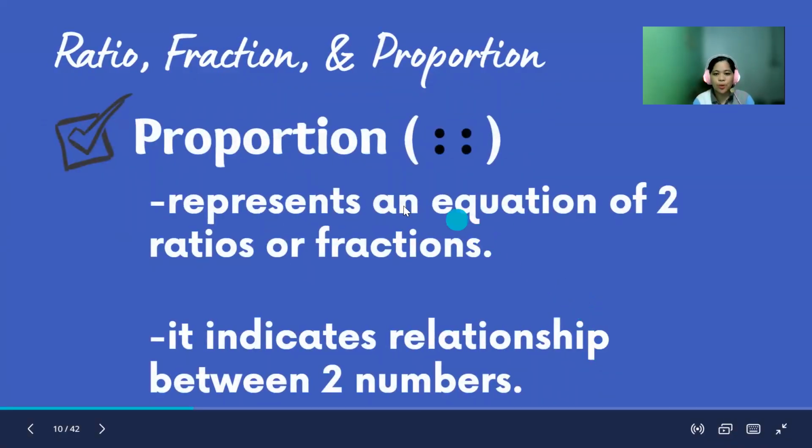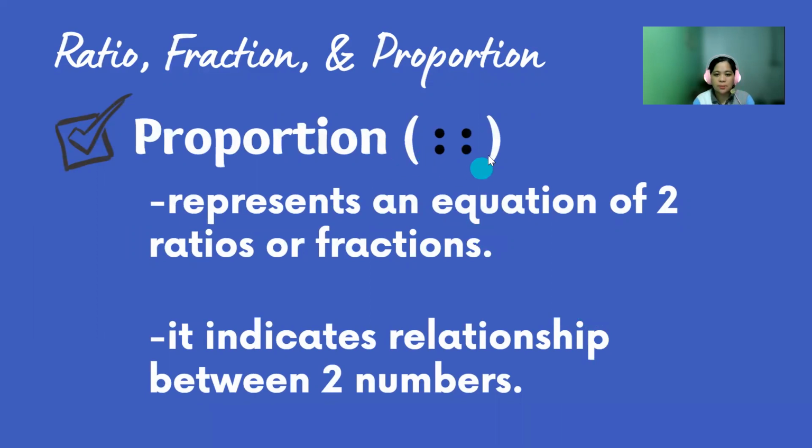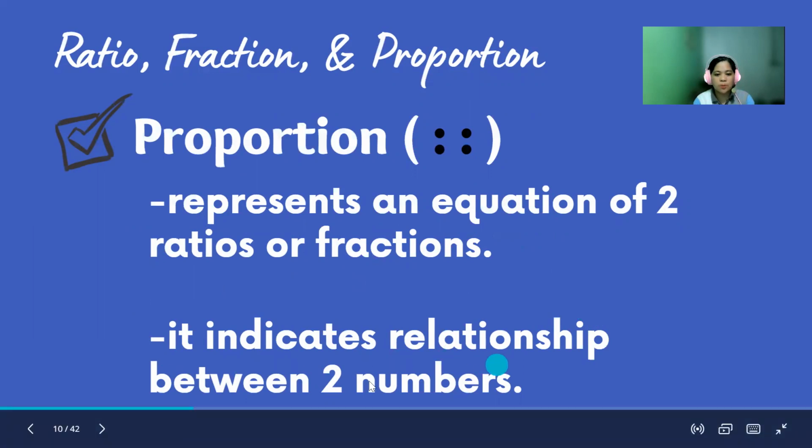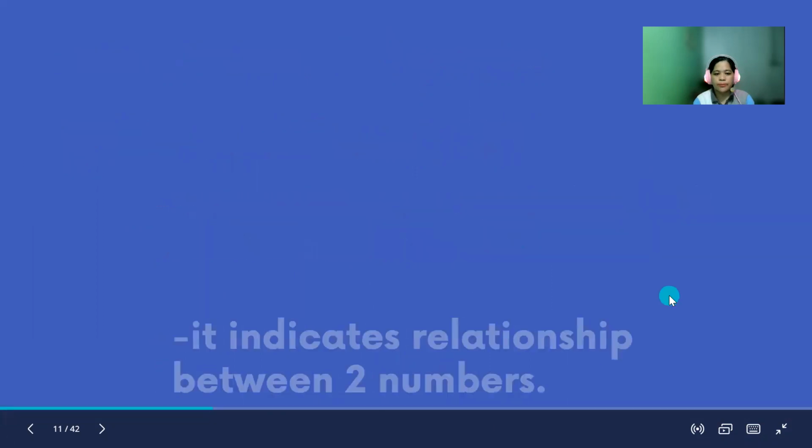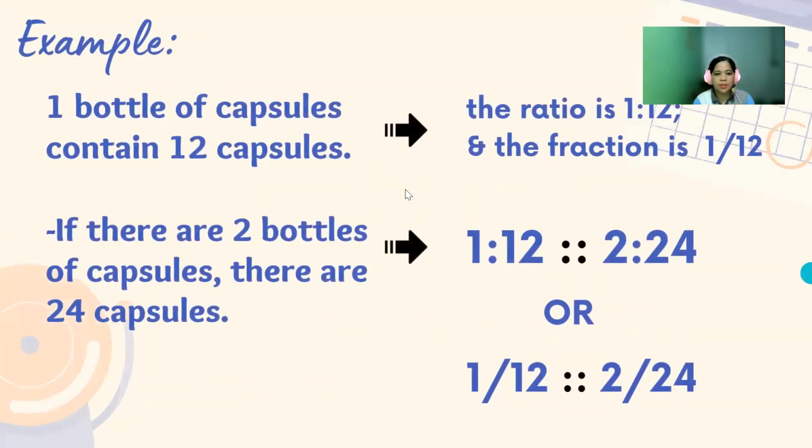So next is proportion. It has a symbol, double semicolon, and represents an equation of two ratios or fractions. It indicates relationship between two numbers. Example, one bottle of capsules contains 12 capsules.